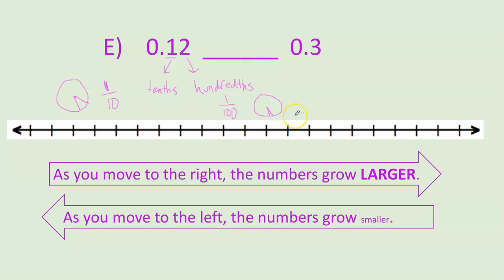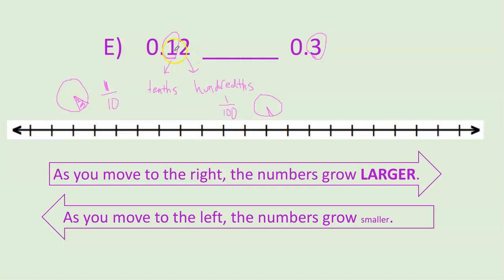Probably tinier than that, but it's hard for me to draw a slice tinier than that. Because basically you're taking 1 and dividing it into 100 pieces. So 1/100th is going to be a very tiny piece, and 1/10th is going to be a larger piece than 1/100th. So these are the larger pieces.